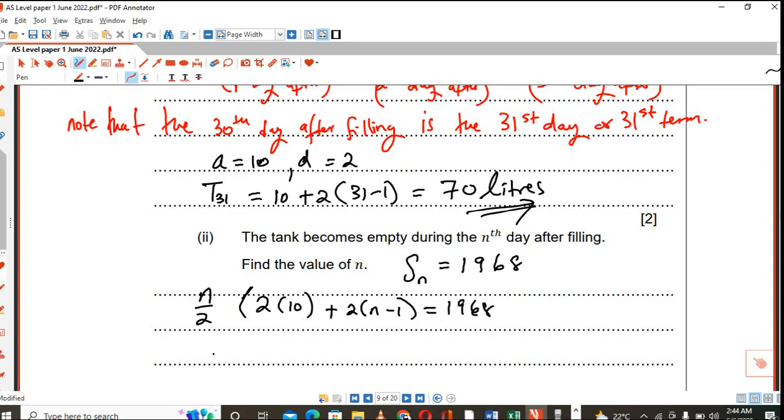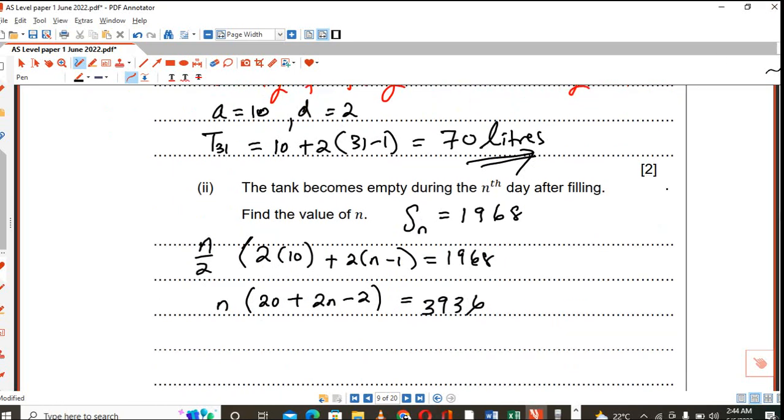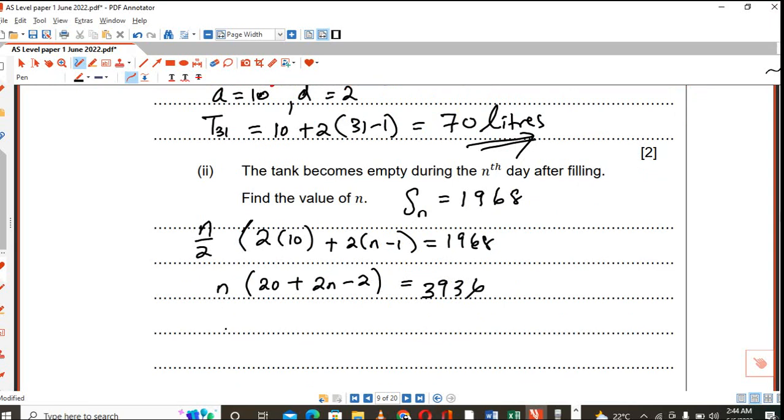Right, this becomes a quadratic. So this is going to be n times 20 plus 2n minus 2 equals, multiplying that by 2 gives you 3936. Again, if you clean this up, you eventually will be left with n. We have got 18 plus 2n. Let me bring that 3936 over.